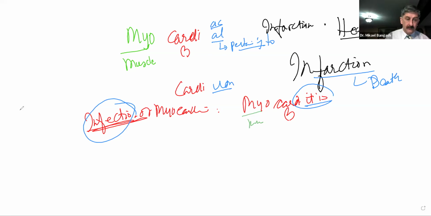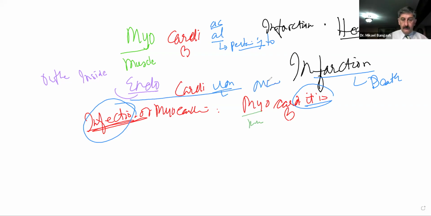Now we can say endocardium. The word endo means on the inside. When we say endocardium, this whole word becomes the name of a structure.